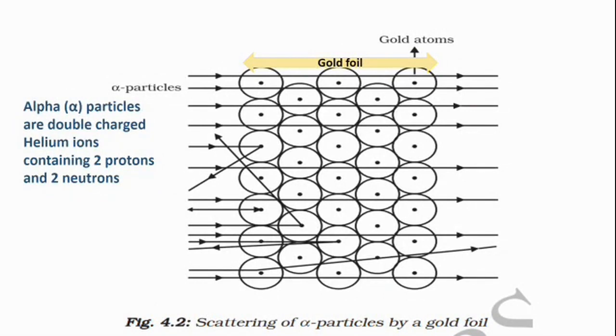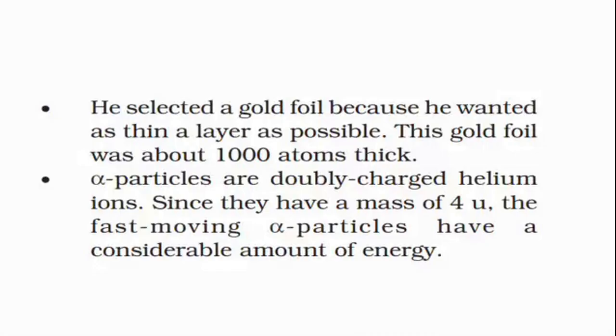Whereas at the rest of the places, there is space for the rays to pass through. So this indicates that only in some place there is a positive charge present, deflecting the rays back. So let us again go through what experiment he had conducted.